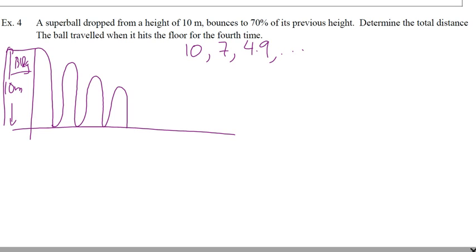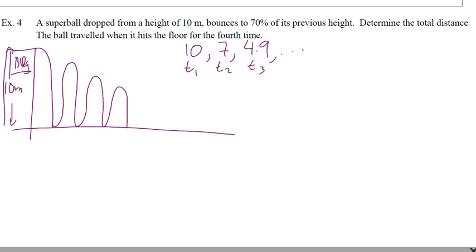So this will be T1, T2, T3. What we want to add up is T1, T2, T3, and T4, and then we're going to double that and subtract 10. Because when we double it, we want to double this, but not that.